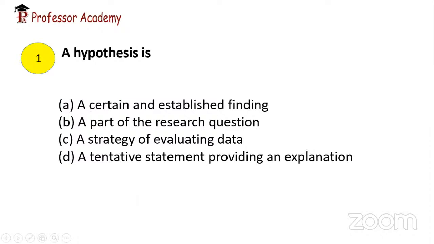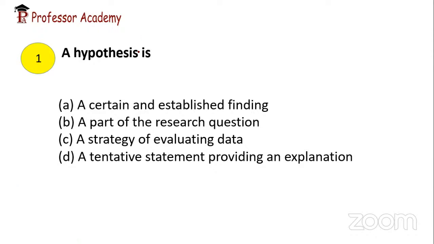Moving on to the first question. A hypothesis is A, a certain and established finding, B, a part of the research question, C, a strategy of evaluating data, and D, a tentative statement providing an explanation.